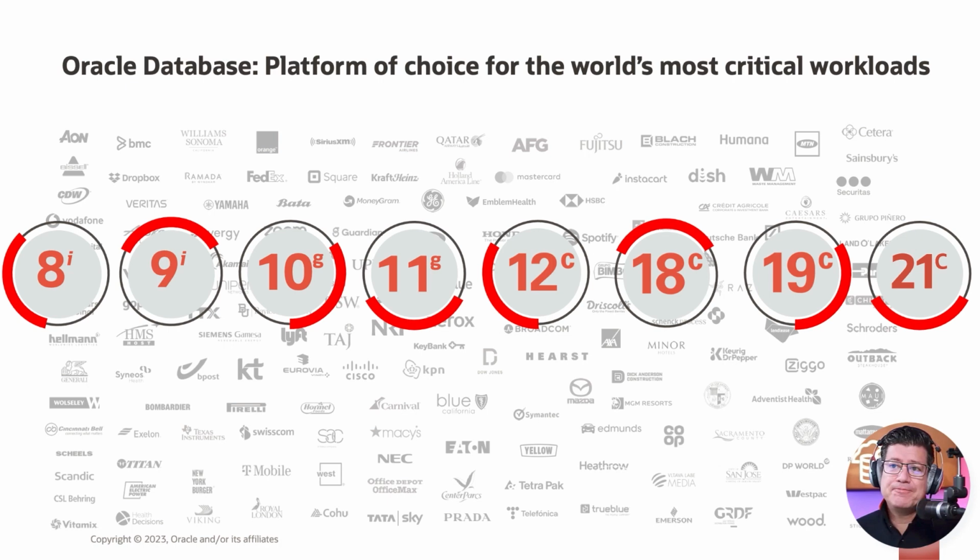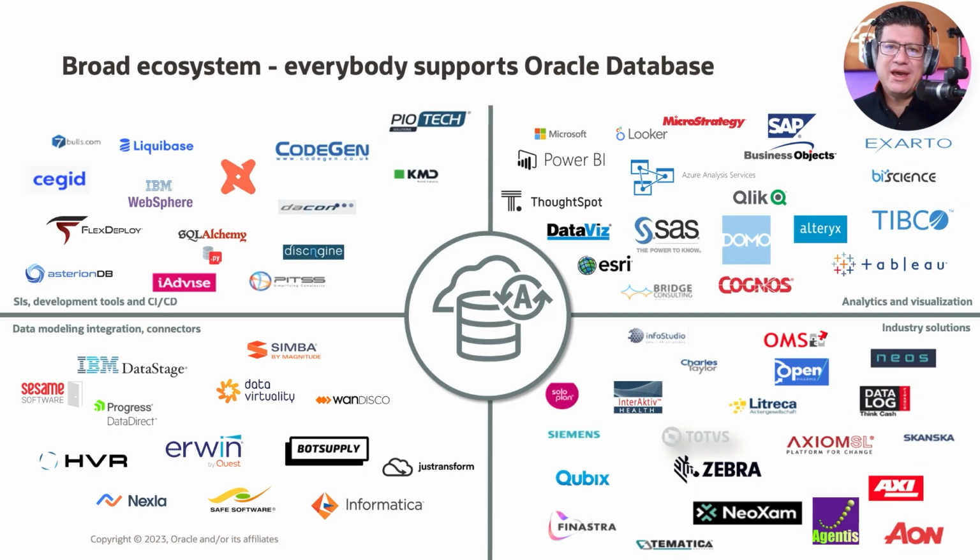So that's clear. What happened with Oracle then is we created a very large ecosystem. From development tools to analytics and data visualization tools to data modeling and data integration tools, all the way to industry solutions. We are very wide open, and we make sure that we integrate with all of these tools that are available.